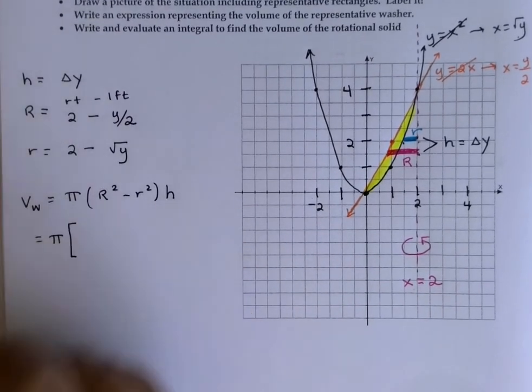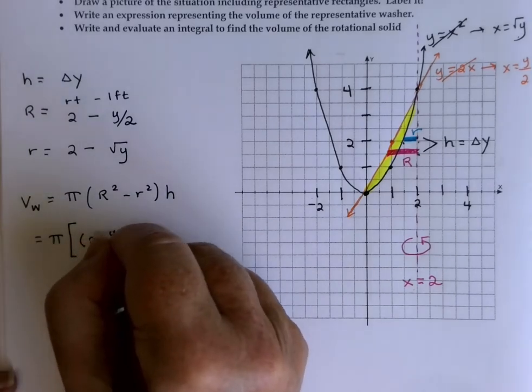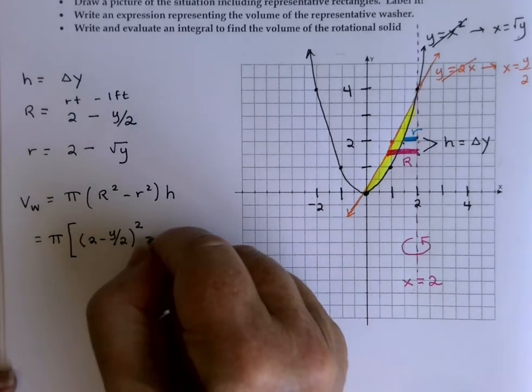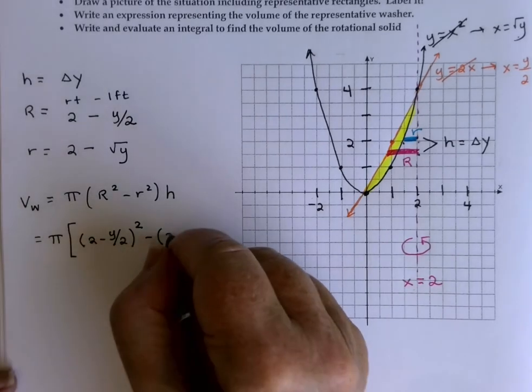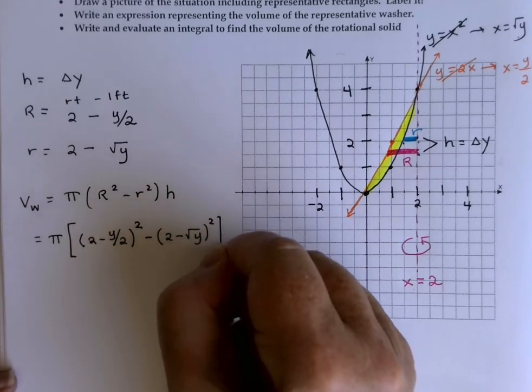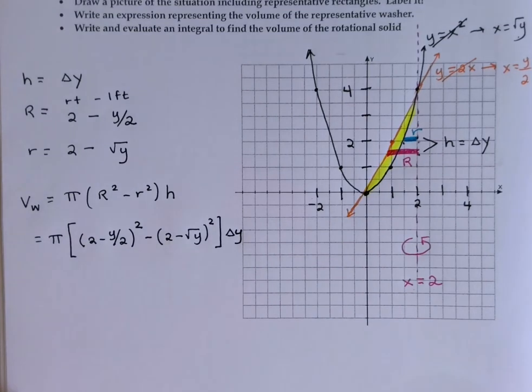It's going to be pi times capital R, 2 minus y over 2, squared, minus little r, 2 minus the square root of y, squared, all times h, which is our delta y.